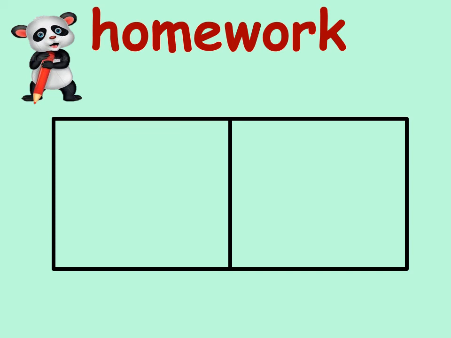So now you have two squares. The next thing I want you to do is write the word ones. O-N-E-S, ones. So you have a big rectangle, draw a line down the middle, and write ones.